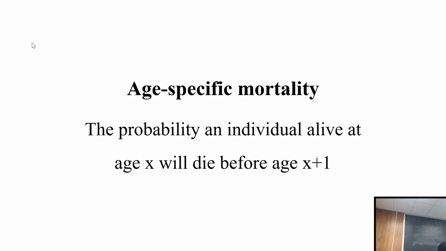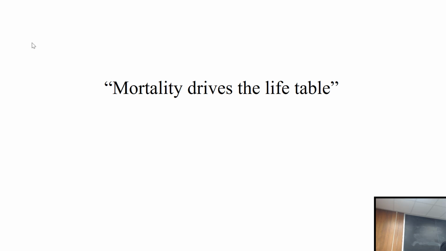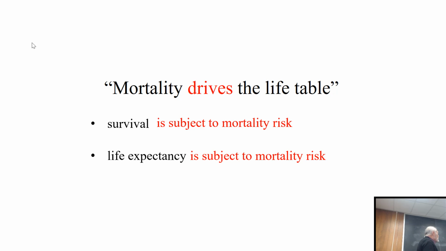But there's one parameter that's the most important, and it's age-specific mortality. And it's because it's risk. Risk underlies everything. So it's the probability that an individual alive this year, at age X, will die before the next year, okay? Now, I say mortality drives a life table.